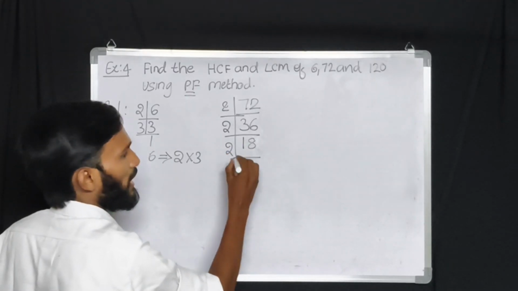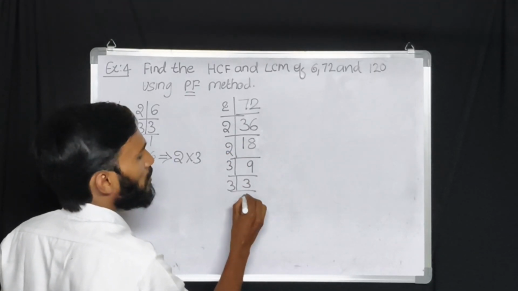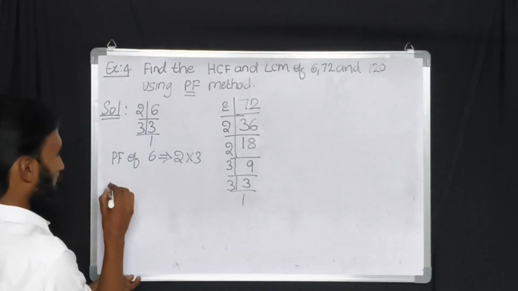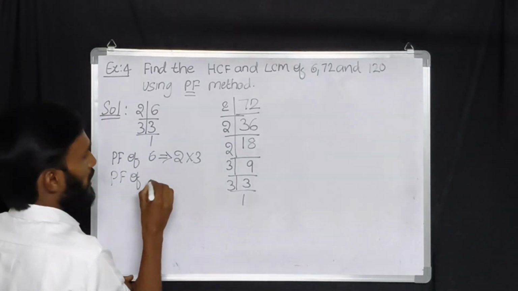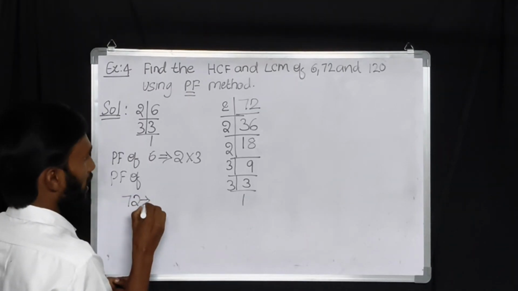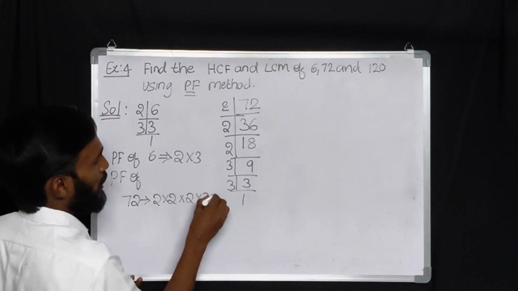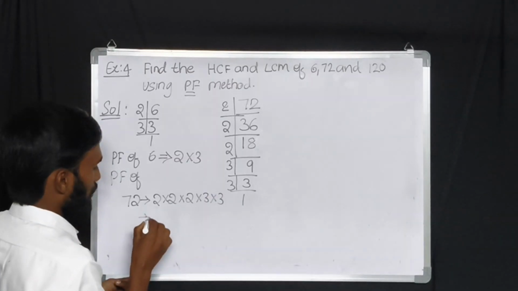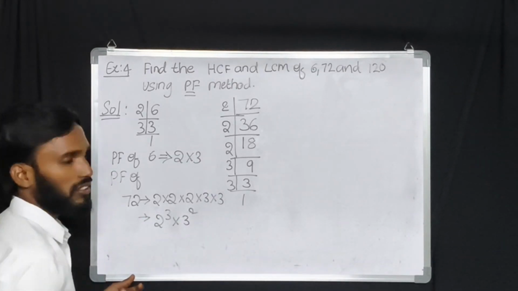In the 2 table, 9 times. In the 3 table, 3 times. Again in the 3 table, 1 time. Now, what is the prime factorization of 72? 2 into 2 into 2 into 3 into 3, which we can write like 2 cube into 3 square.